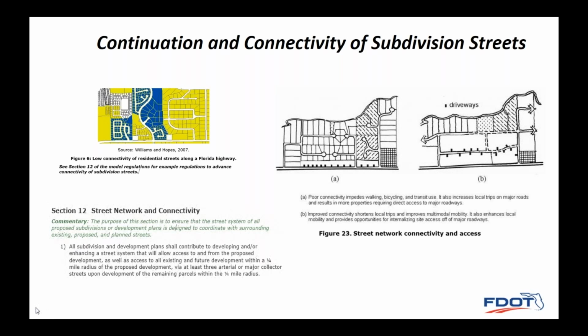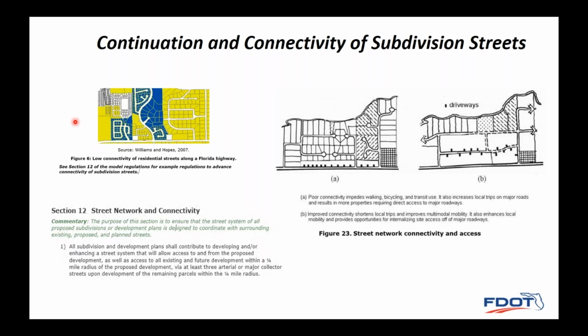And you see in the figure to the top there, and I'll go back with my little laser pointer, this figure that's in the model regulations and was in an earlier study that we did in Alachua County, moving from Gainesville into Newberry on the highway there, and we saw that there just was very poor connectivity even in the new development that was taking place. The county is certainly addressing that.